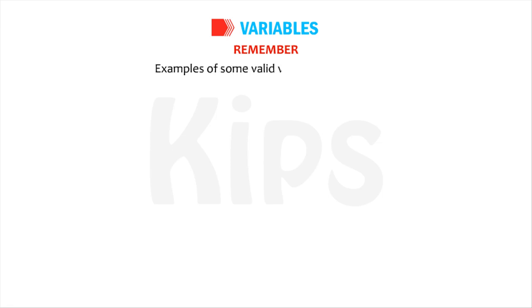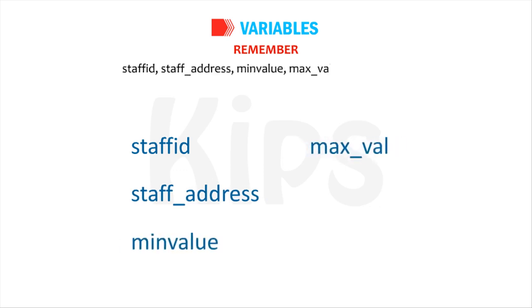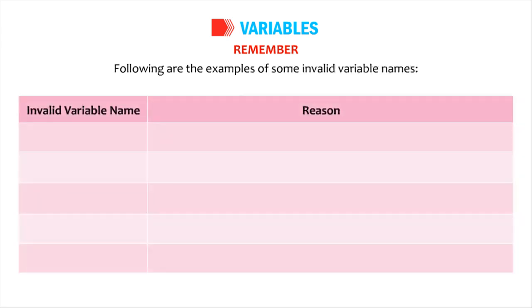Examples of some valid variable names are Stafford, staff_address, min_value, max_value, age1980, a45R. Following are the examples of some invalid variable names. Invalid variable name, book name, reason, space is not allowed. 90price.